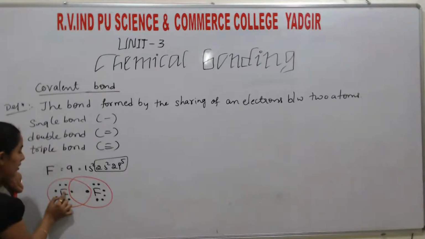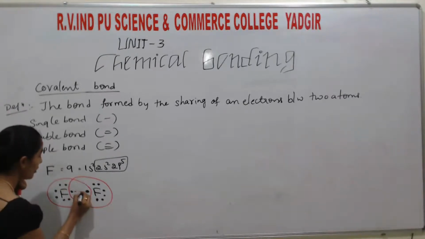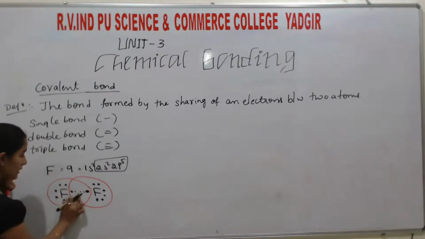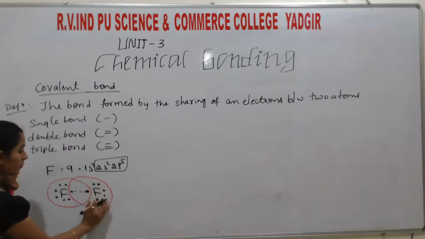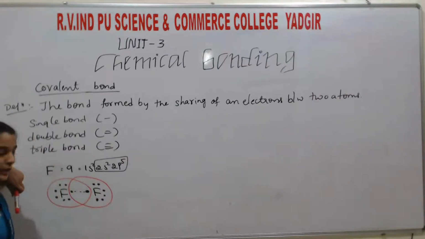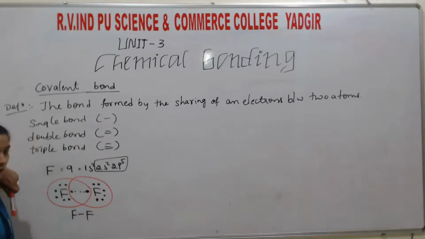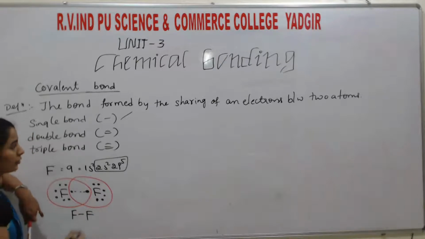The electron from this fluorine and this fluorine are shared between each other and form a bond. Understood? So then including this, 2, 4, 6, 8, it attains 8 electron system. Here also 2, 4, 6, 8, it attains 8 electron system. Then the bond is F single bond F. So this is the single bond. This is a covalent bond because the bond is formed by the sharing of an electron.